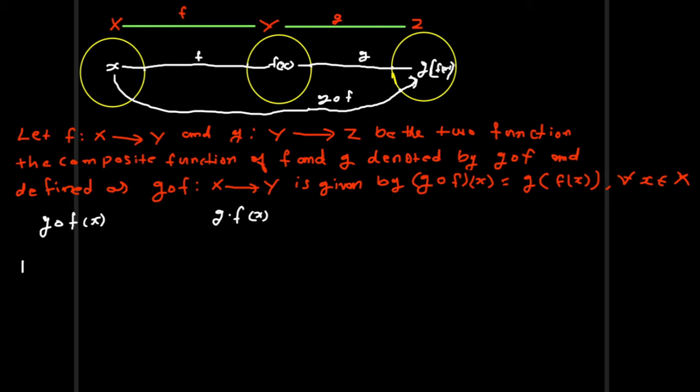Then suppose in g of f of x, in this function two functions are there. Then this f is the inner function, okay, and g is the outer function. Clear?